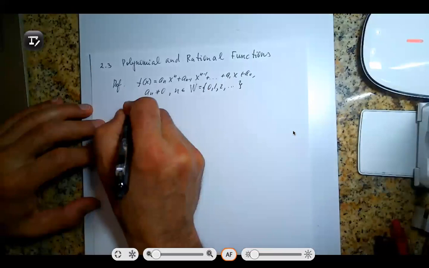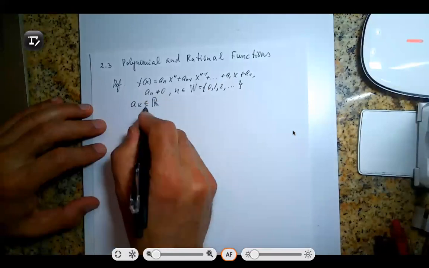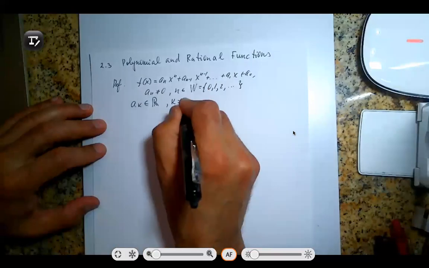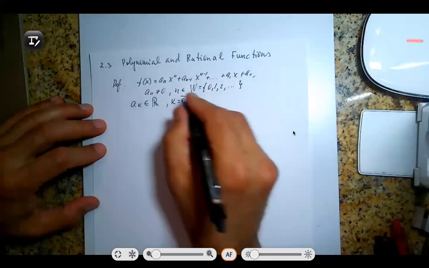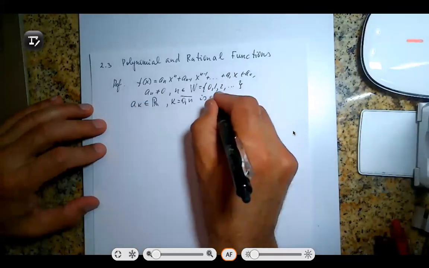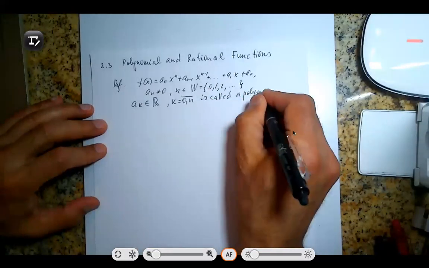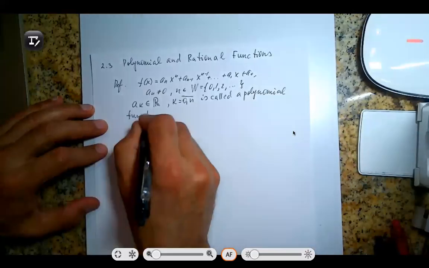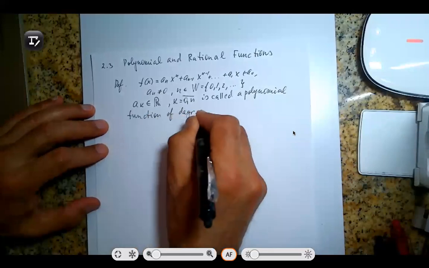Where the a sub k are real numbers, meaning they belong to the set of real numbers, where k is 0 through n. Those are called coefficients. This is called a polynomial function of degree n.